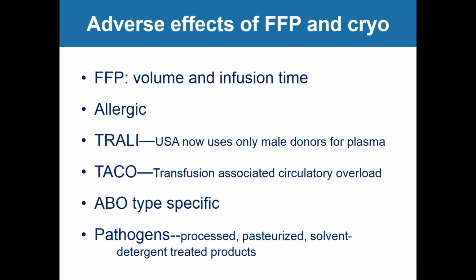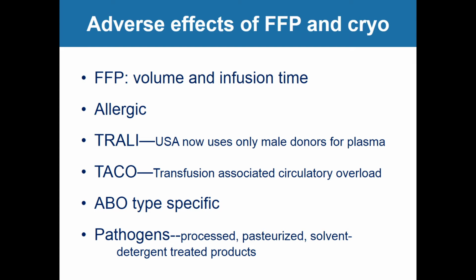TACO, or transfusion-associated circulatory overload, can easily happen in patients who receive massive amounts of plasma. For both FFP and cryo, it's important that it be ABO type compatible because FFP contains all the allo-ABO antibodies in various ABO type blood donors, as well as cryo is suspended in the small amount of FFP, similarly containing allo antibodies.